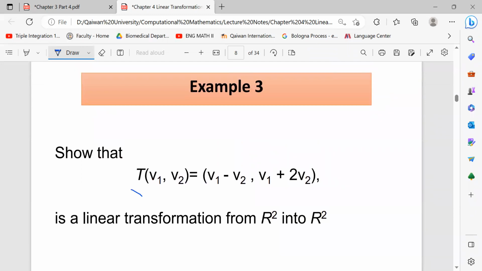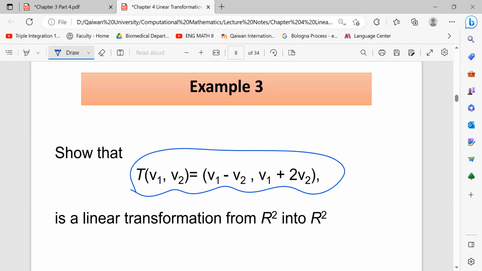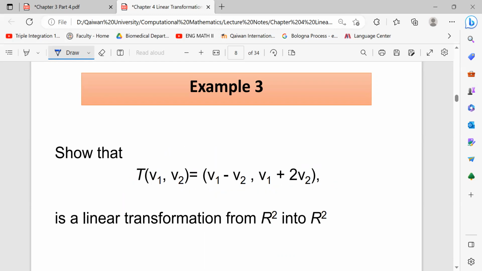It says show that this function is a linear transformation from R2 to R2. So you must show that this definition satisfies the above conditions. We must show that T of U plus V must equal T of U plus T of V. What are U and V?